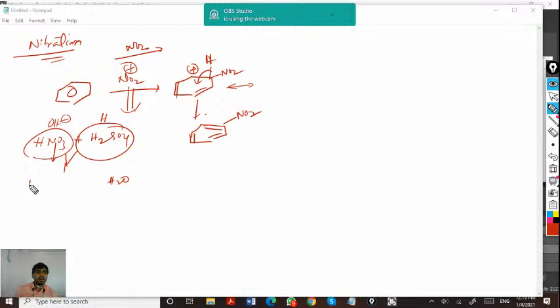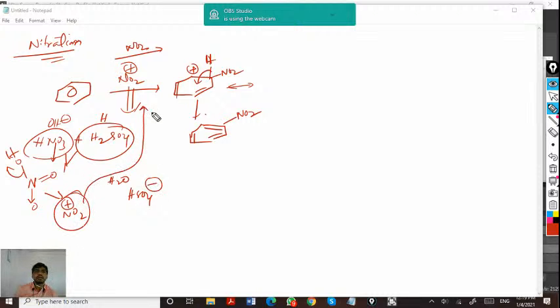Let me write the structure of HNO3. So this is HNO3. As the OH minus leaves, it will result in NO2 plus only. When H plus leaves, it will result in HSO4 minus. This nitronium electrophile is going to be attacked by the benzene, resulting in the formation of nitrated benzene.